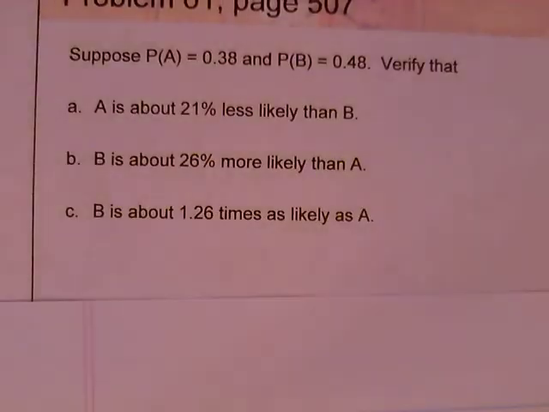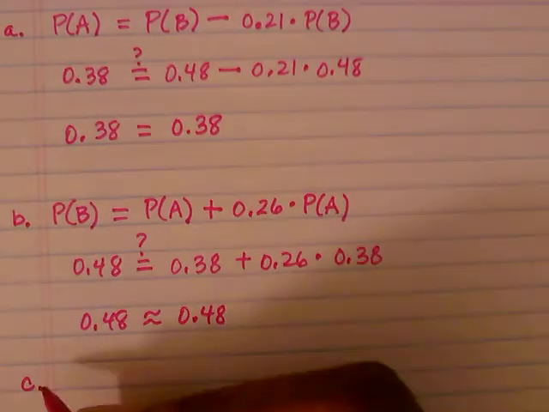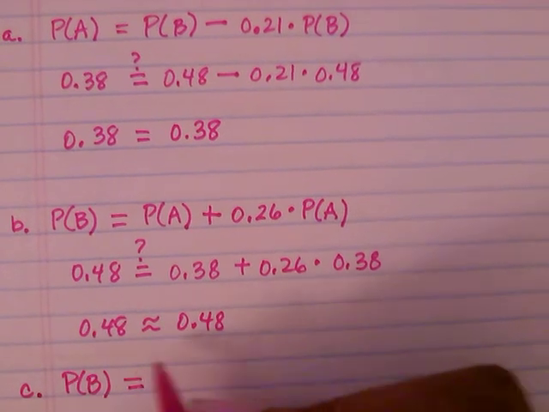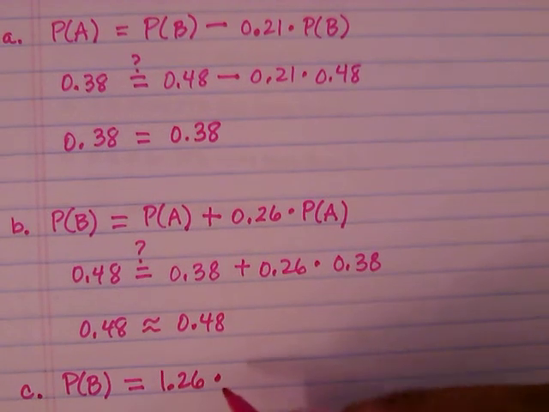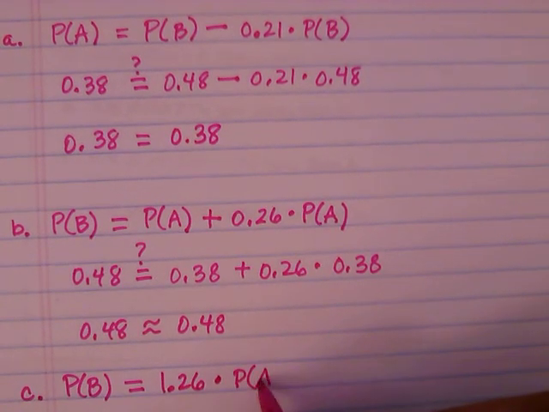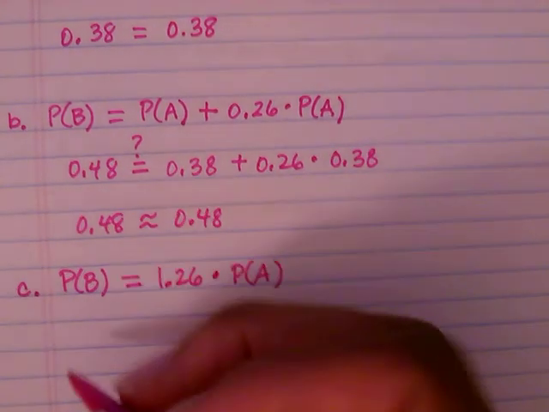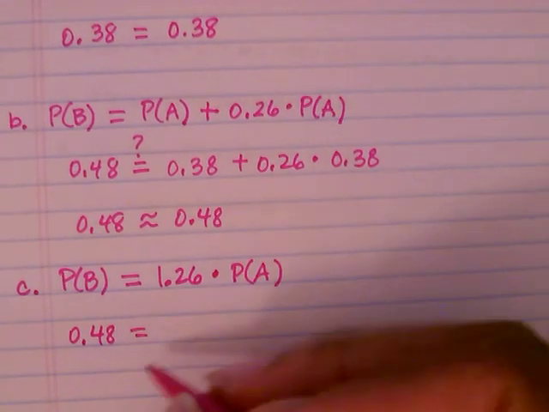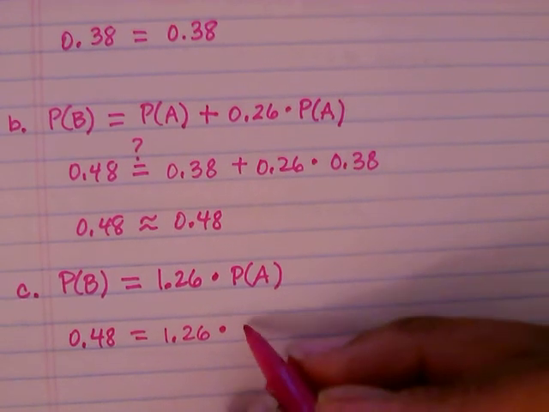And finally, B is about 1.26 times as likely as A. So this is written a little bit different. So here, B will be the probability of event B. The is the equal sign. 1.26 as likely would be times the probability of event A. And your probability of event B was 0.48. That's equal to 1.26 times the probability of event A, which was 0.38.